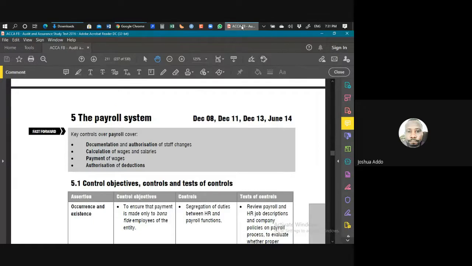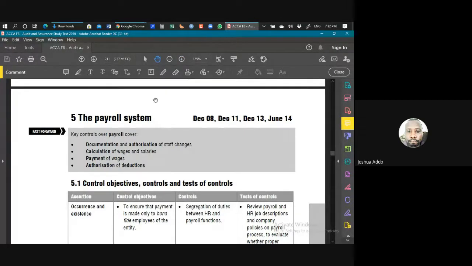For example, welfare deductions. Here in the university, they deduct something from our salaries for hospital management. If some employee has also taken a loan from the organization, that also needs to be catered for in the process of payment, everything. So generally speaking, that's the payroll system.